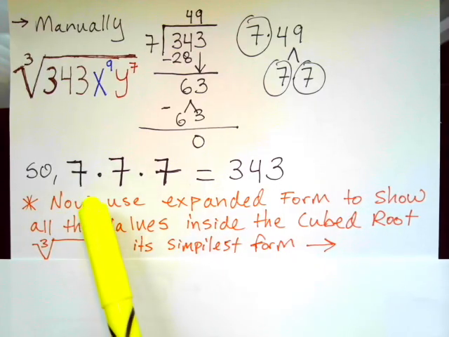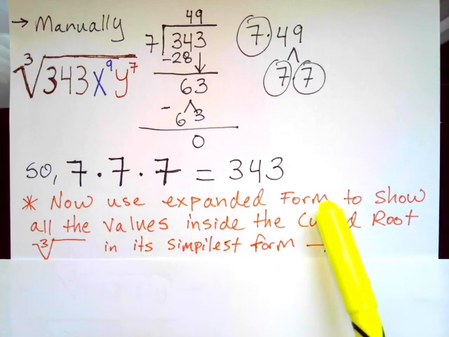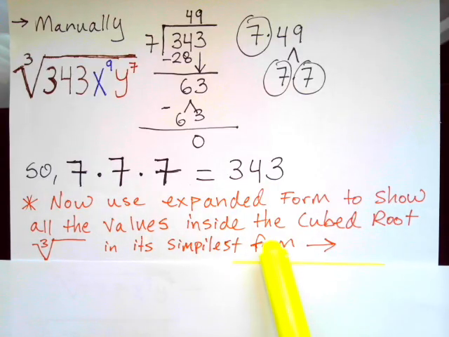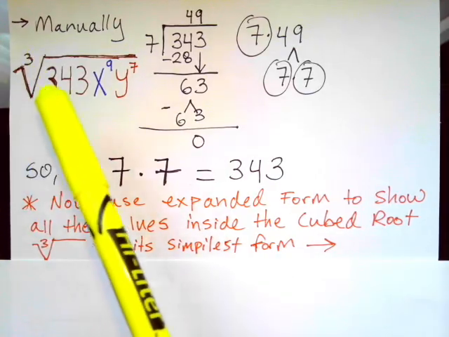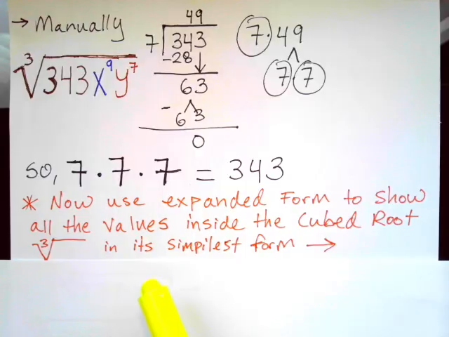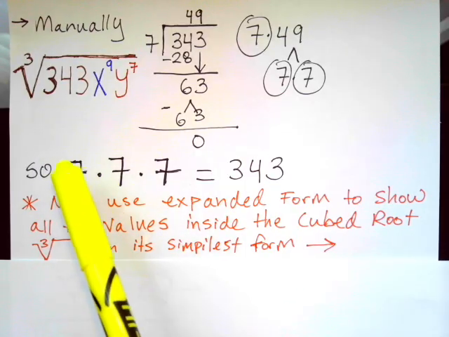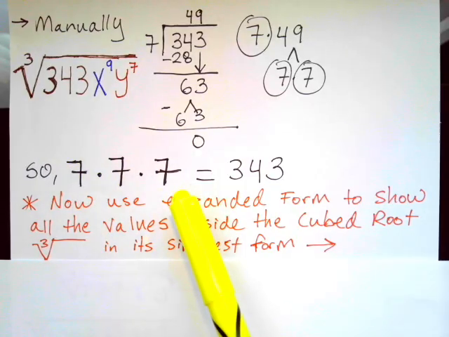What I'd like to do now is use what's called expanded form to show all of the values inside the cubed root in their simplest form. This is what you have to do if you're not given a scientific calculator. So I know 343 is 7 times 7 times 7.